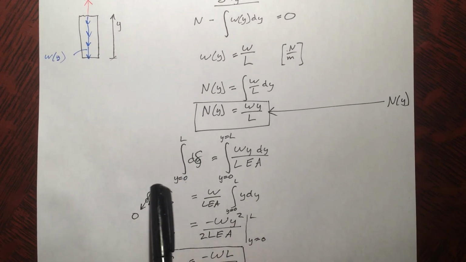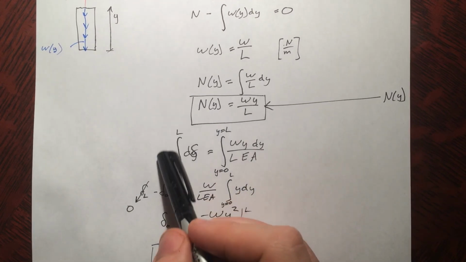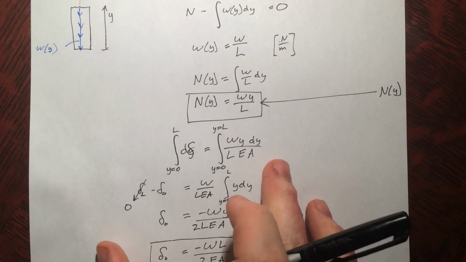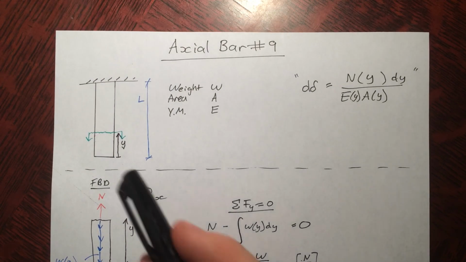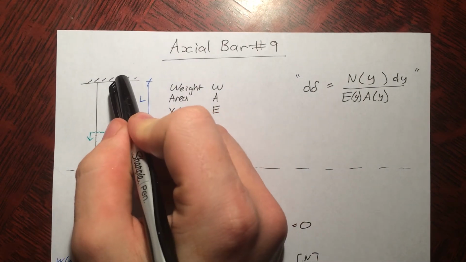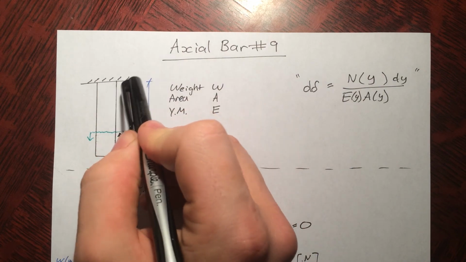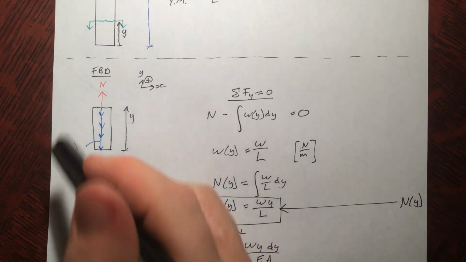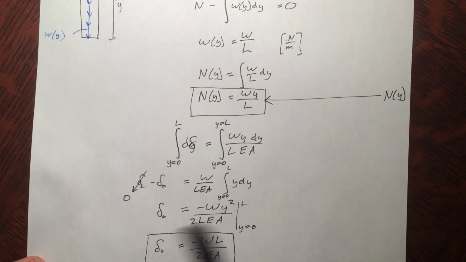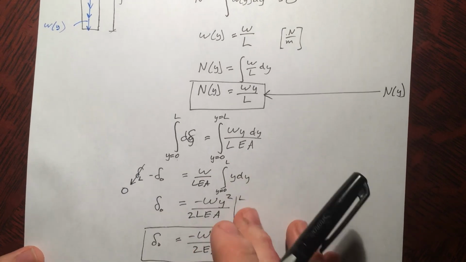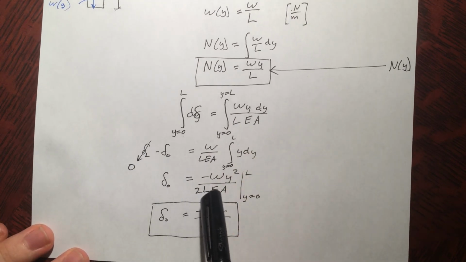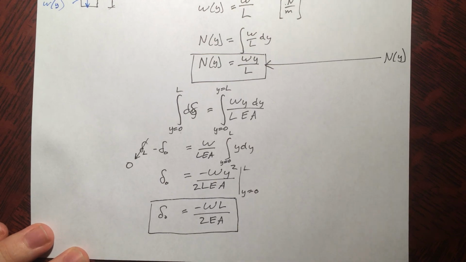Then we went to the elongation, and we realized that the left-hand side of this equation is very important, because we're integrating from y equals 0 up to the base. This base is not moving, and the bottom is, so you have to cancel out this term and not this one, making this whole answer negative. Then we evaluated and found it to be this.